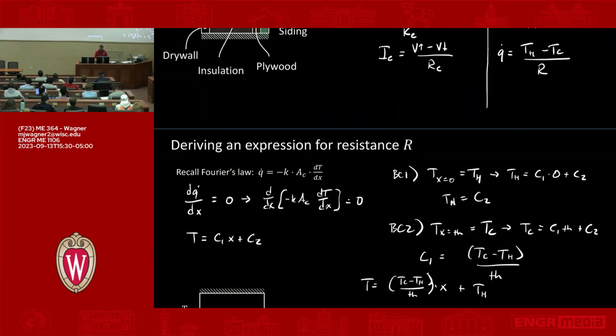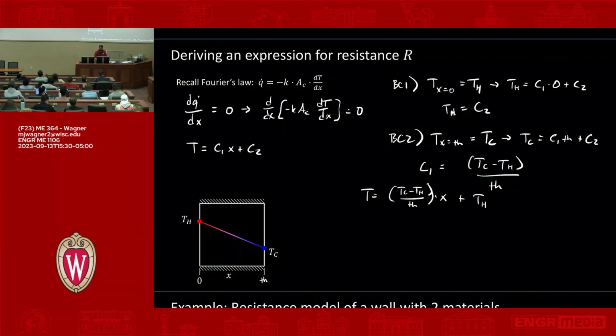How do we do that? We plug it into Fourier's law. Q dot is equal to minus k A_c dT/dx, so that's d/dx of (T_C minus T_H) over thickness times x plus T_H.